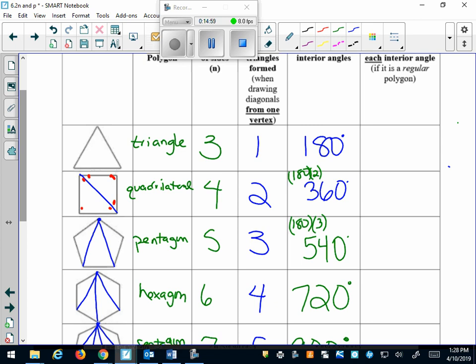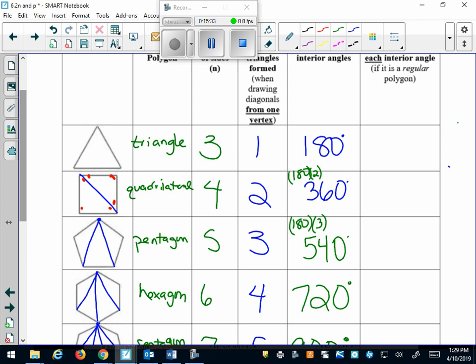Okay, this last column says, what is the measure of each interior angle? Well, we can't know that if it's not regular, right? Because they could be split up all unevenly. But if we know that it's a regular polygon, then we could figure out the measure of one interior angle, knowing that they're all the same in a regular polygon, if we have that the sum is given to us.